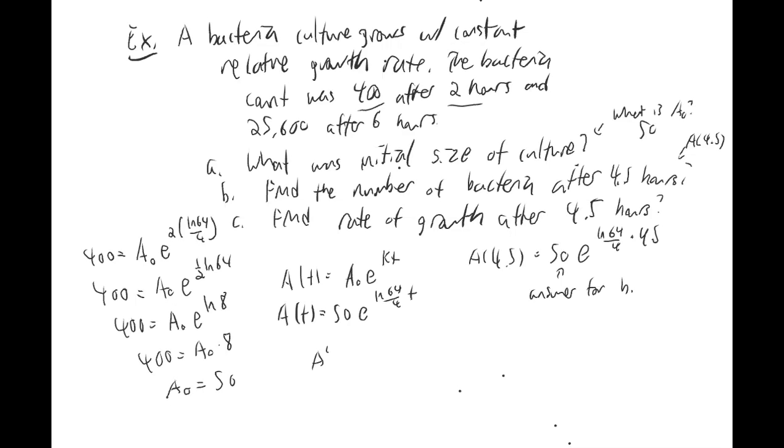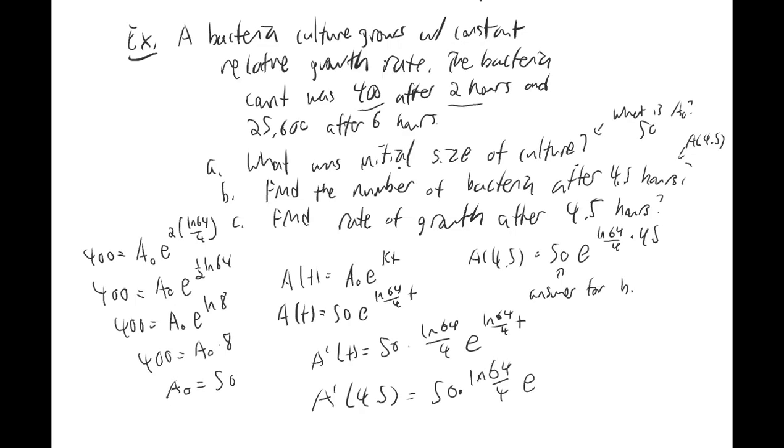A prime of t is 50 times ln 64 over 4 e to the ln 64 over 4 t, and then your answer is just this, the derivative at the point 4.5.